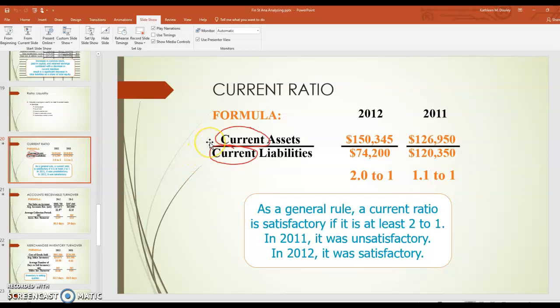And so generally you're going to take just the cash and the accounts receivable, really quick stuff like that, and divide it by your current liabilities. You would want that probably to be a 1 to 1 at least.